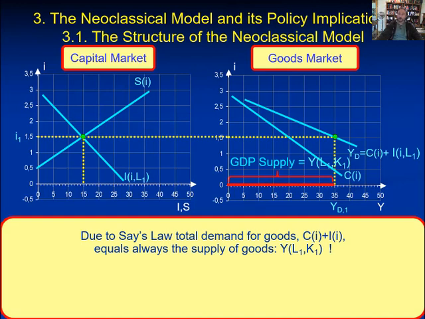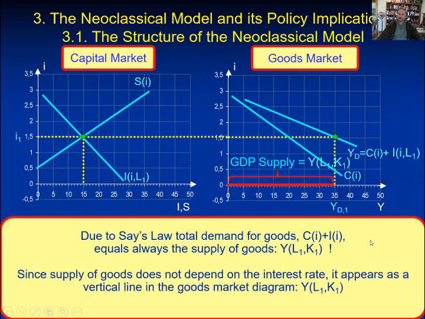Due to Say's law, the total demand for goods at the equilibrium interest rate determined on the capital market is always equal to the supply of goods. Since the supply of goods does not depend on the interest rate, but on labor input and capital stock input, it appears in the goods market diagram as a vertical line. It is not affected by changes in the interest rate.